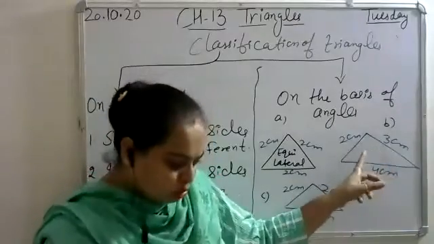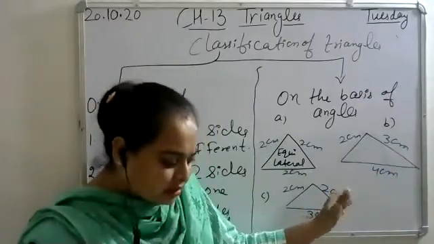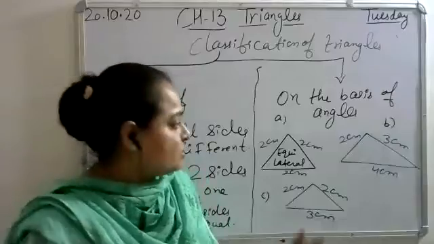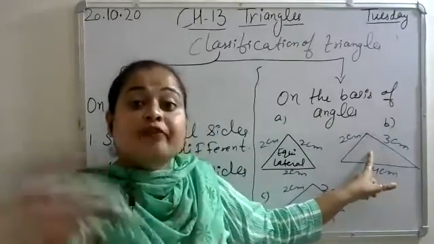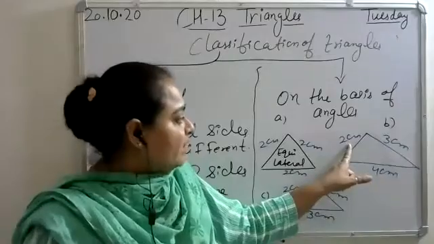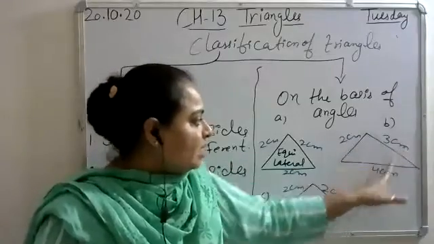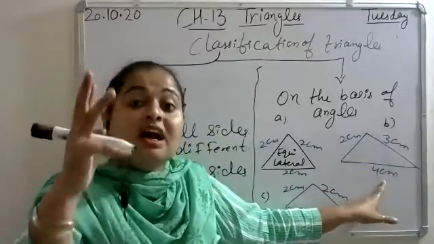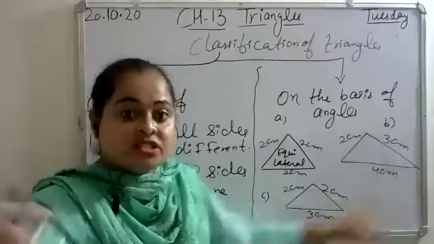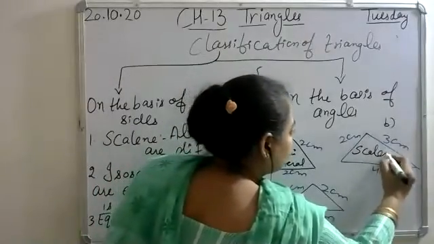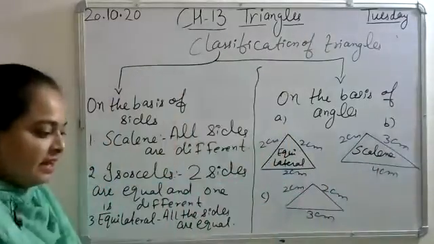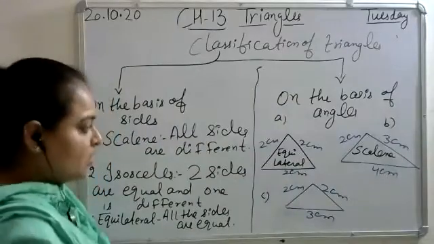No, the answer of Utkarsh is correct. Sorry, Utkarsh, your answer is correct. Now B part, all the 3 sides are different. 2 centimeter, 3 centimeter, 4 centimeter. So what is the name? Scalene. Yes, very good, Harshika.